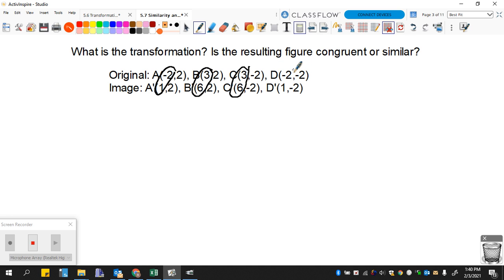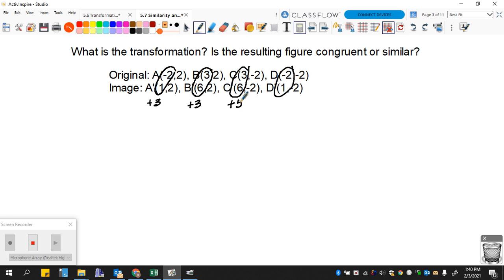And -2 to 1. So if we look at what we have there, this is the same thing as +3 to the x. So we're adding 3 to each of the x terms.